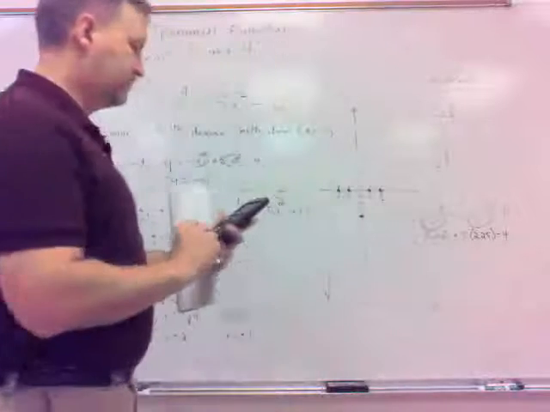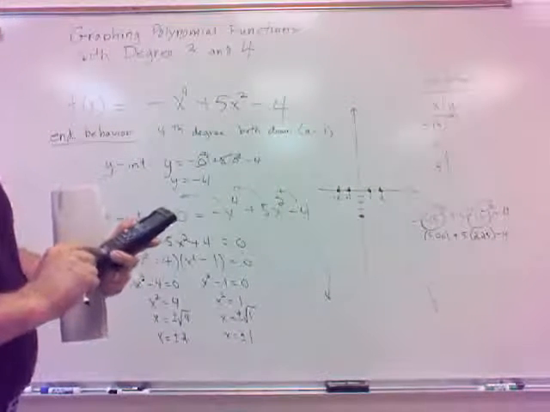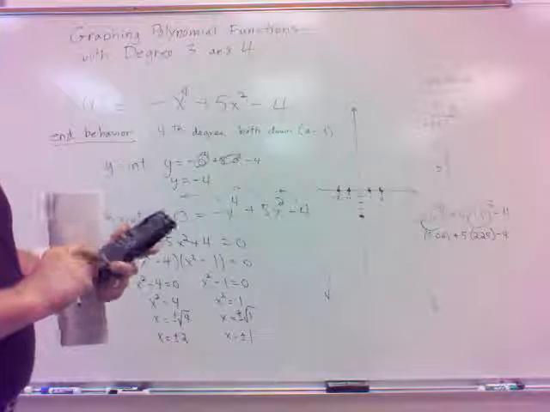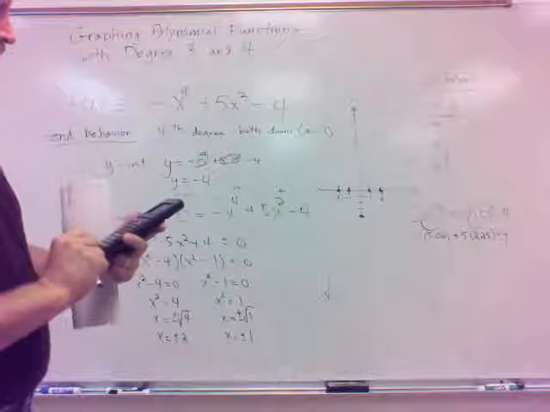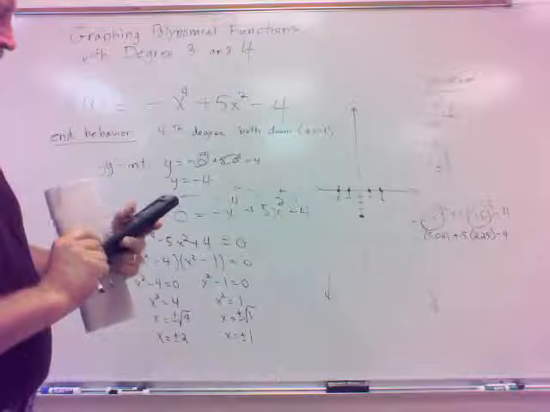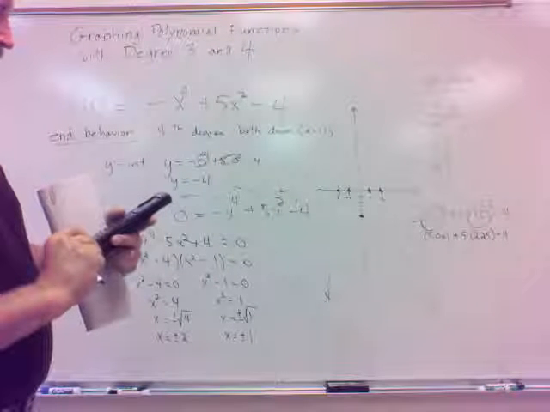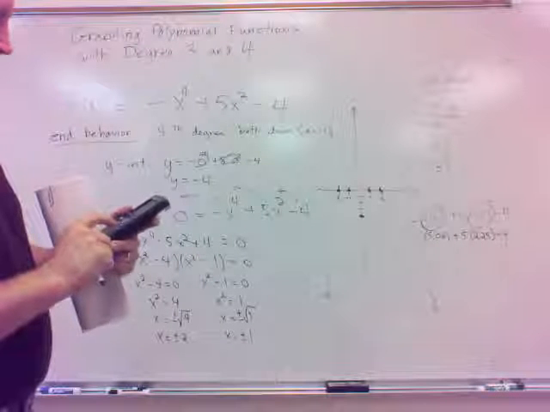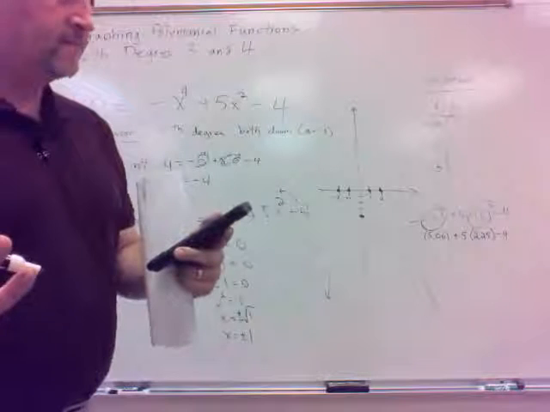So if I do a negative 5.06 plus 5 times the 2.25 minus 4, I get, punch it in right, 2.19. Anybody else get 2.19?